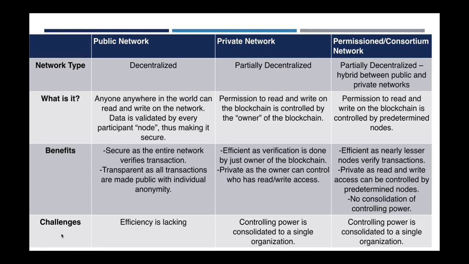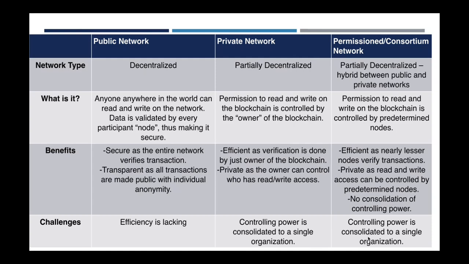So what are the challenges of a public network? Here the efficiency is low because the entire network verifies the transaction. In the case of a private network, the controlling power is consolidated to a single authority who is the owner of the network.